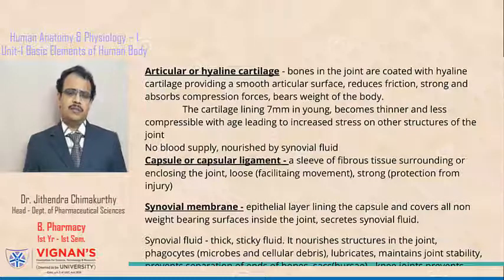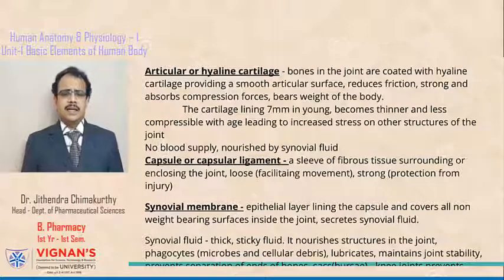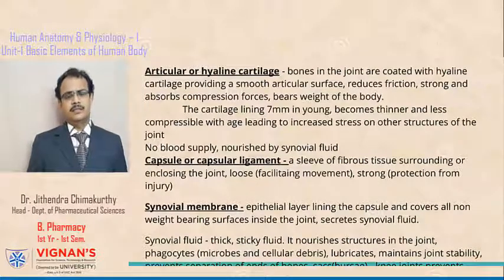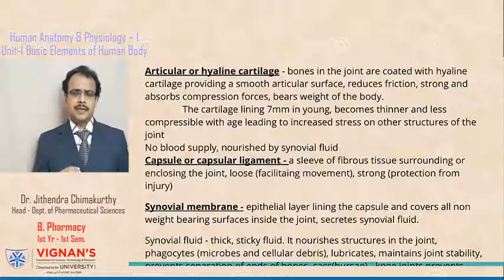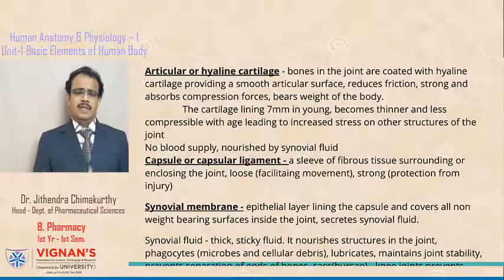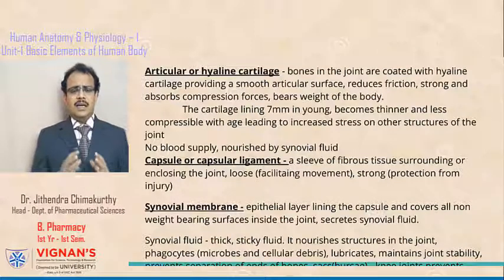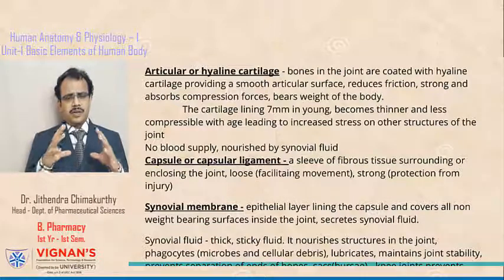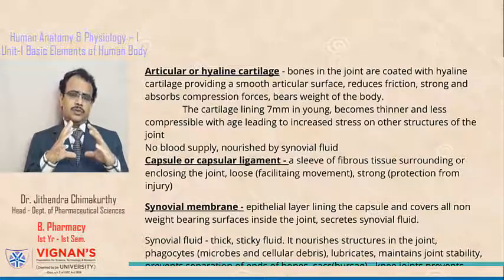And all the synovial joints have another feature in common, that is a capsule, which is also called capsular ligament. This capsule is made up of a fibrous material, and this is necessary for holding the bones together.